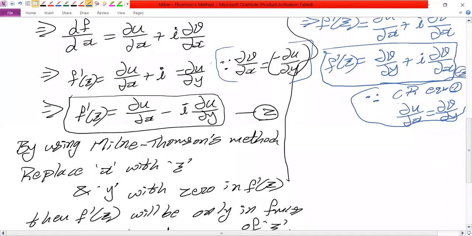Either we can do case 1 or case 2. So we will not get both the cases in a single problem. They may give the u function or the v function in the given problem. That's enough.